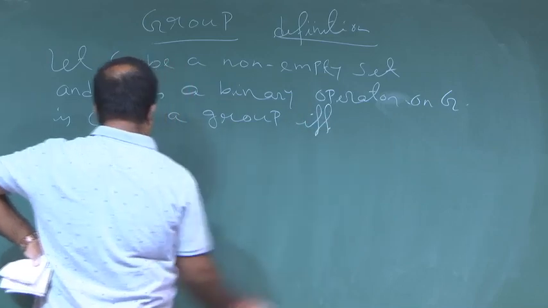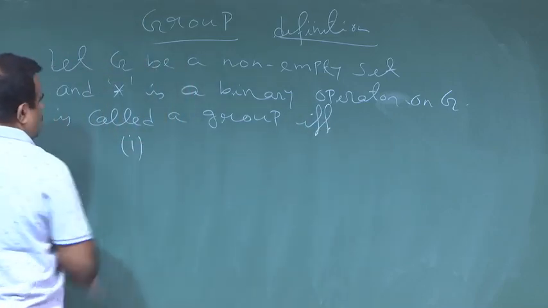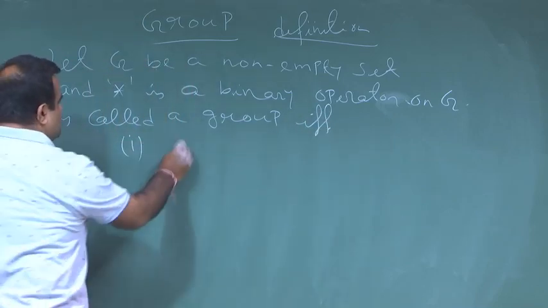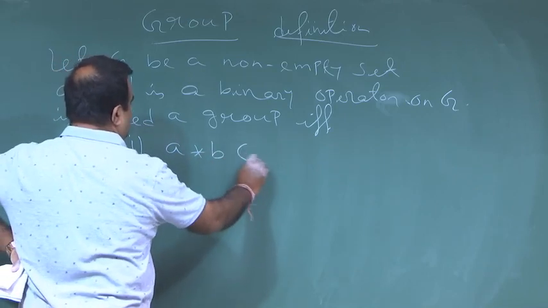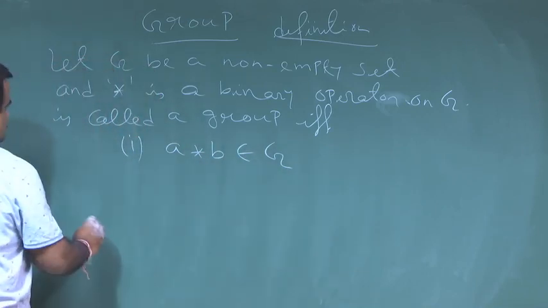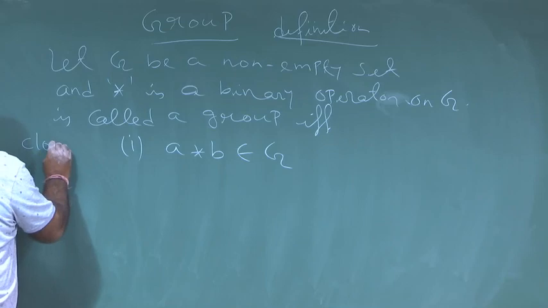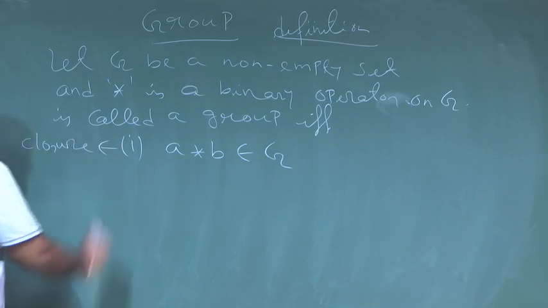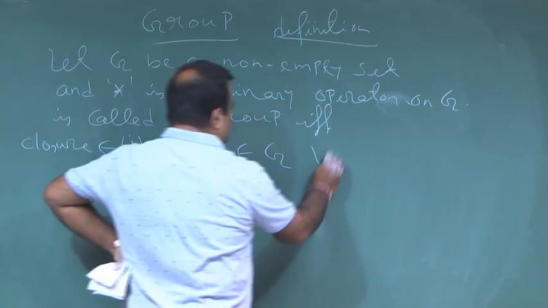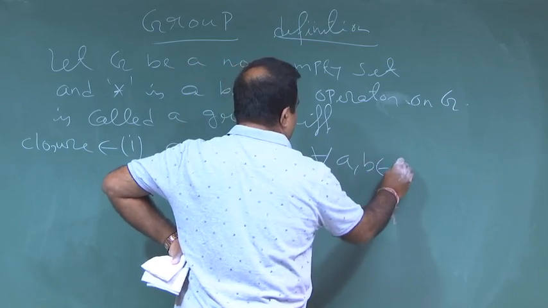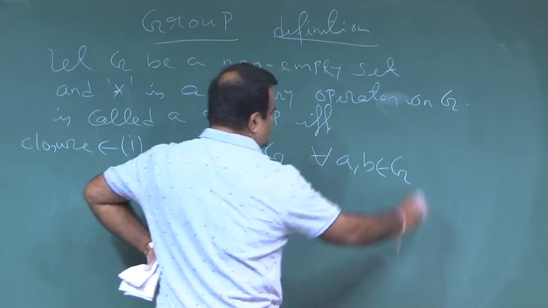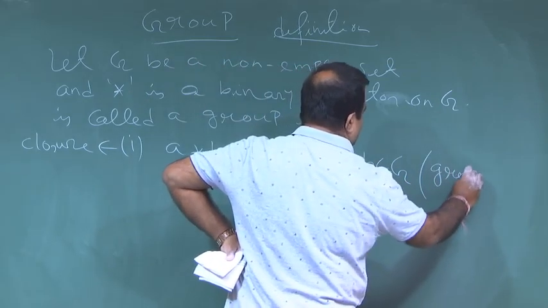If and only if, first condition is closure: A star B belongs to G, this is the closure property. That means it must be a groupoid.